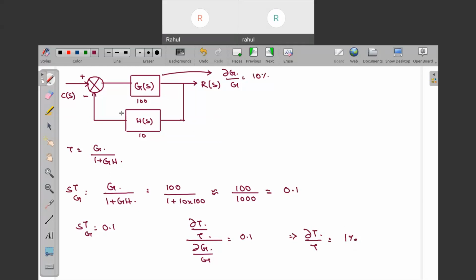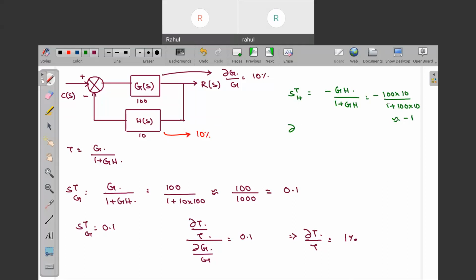Now for the same case, assume that we are disturbing the feedback path by 10%. Now what happens? So we know S_T^H is equal to minus GH divided by 1 plus GH. So this will be minus 100 into 10 divided by 1 plus 100 into 10. So this will be approximately equal to minus 1. Let us assume.